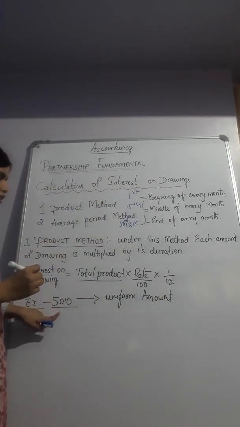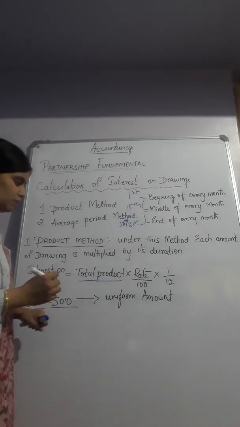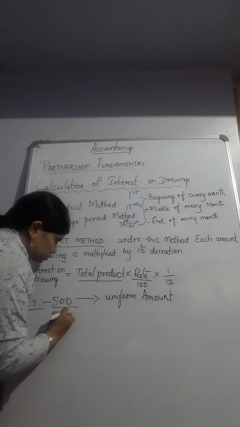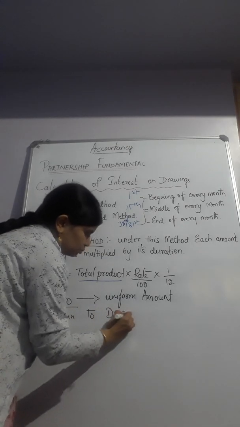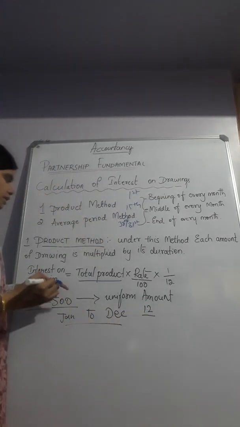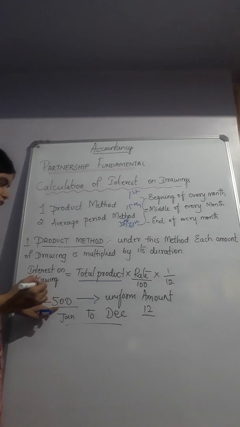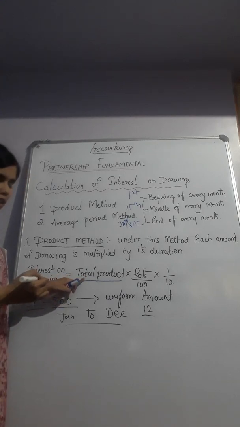Okay, 500 rupees is withdrawn by the partner every month, starting from January to December. How many months will come? 12 months, right? For this total amount of 12 months, we say the total product.